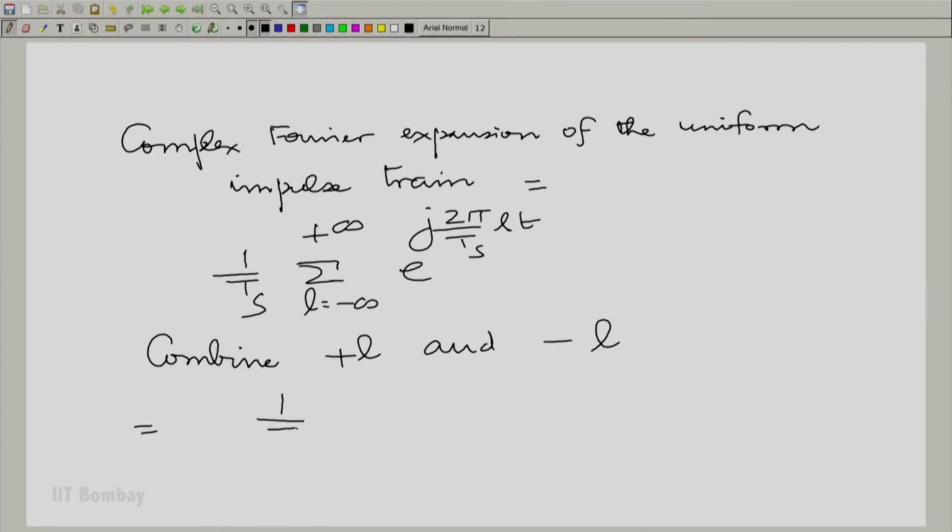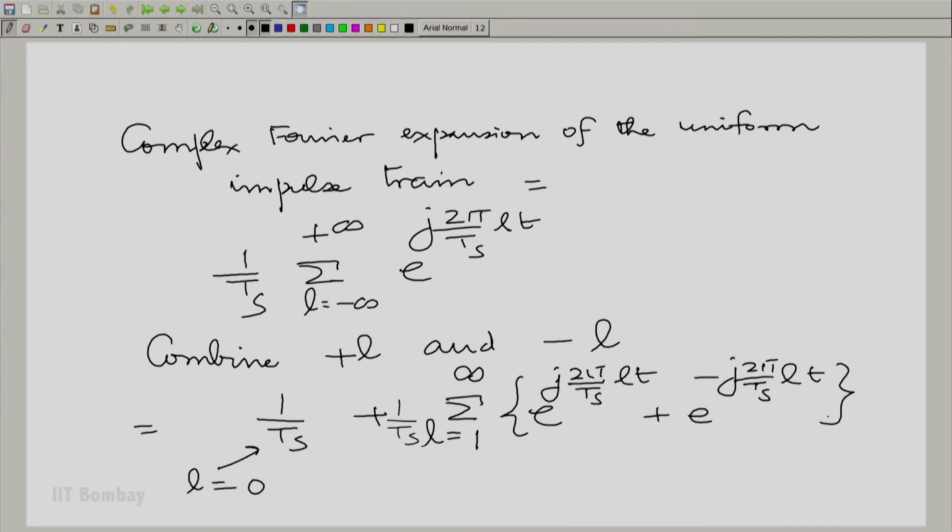That is 1 by Ts for L equal to 0 plus summation L going from 1 to infinity, and write the positive and negative together. Now this is a very simple expression. This is simply 2 times cos 2 pi by Ts times Lt. Very interesting. That is exactly what we had.